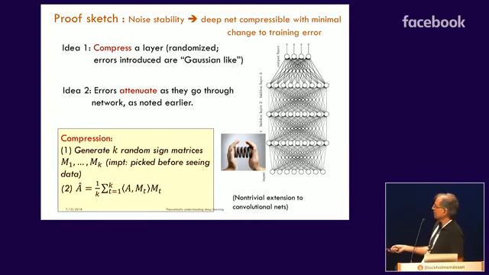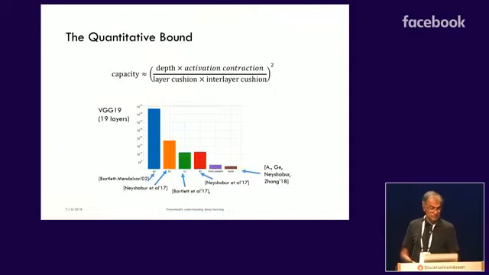And there's some extension to convolutional nets as well. So the quantitative bound is something like this. I only defined layer cushion, but there are other things, activation contraction, interlayer cushion, which are then defined, and that's the theory. Okay, so you can measure those on the net, so that's the postmortem analysis, and that gives you an upper bound on the capacity of such nets.